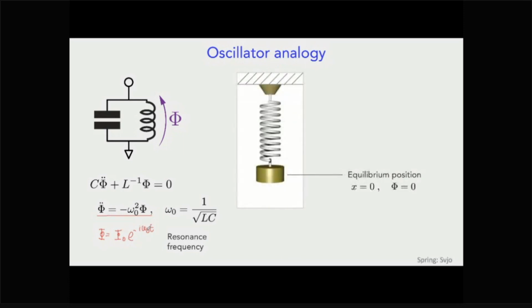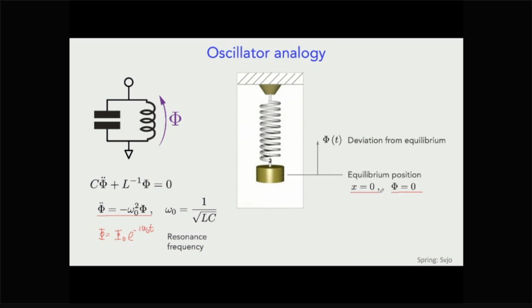To make an analogy between the electromagnetic circuits, which tend to be a bit more abstract, and the very familiar harmonic oscillators, we can look at a mass suspended through a spring from a ceiling. The equilibrium position of the spring we'll denote as phi 0 or x 0, x for position or flux for phi in our case.